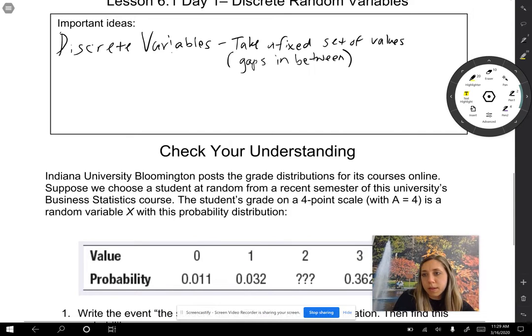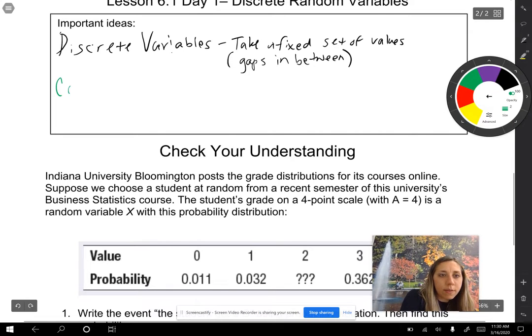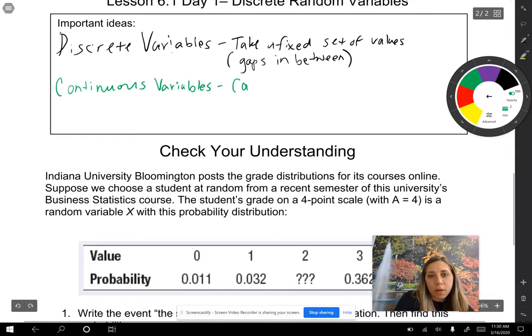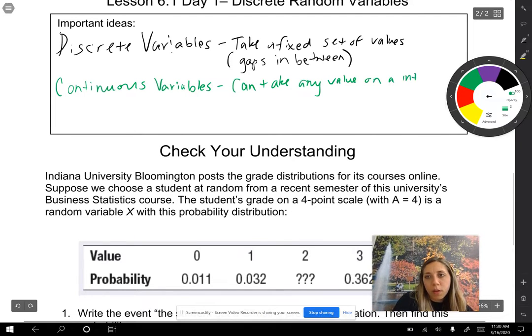Continuous, so I'm going to switch my pen color up. Continuous variables can take any value on an interval.